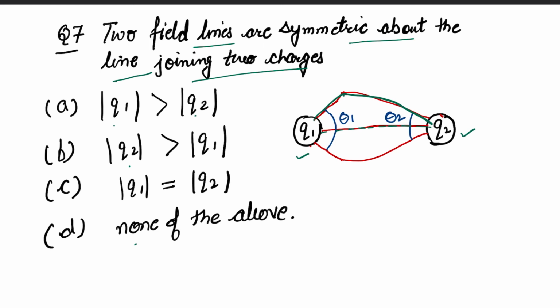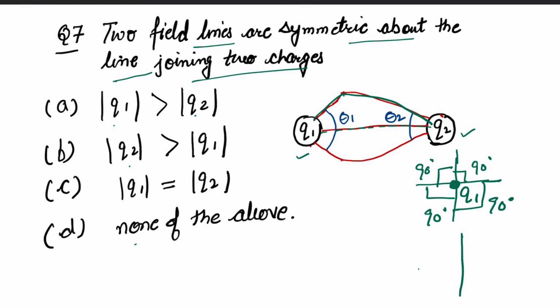This can be checked by knowing a simple thing: if you have a plus Q1 charge here, and four lines are coming out of it, then the angle between these lines will be 90, 90, 90, right? Total angle 360 divided into 4 portions gives 90 each.